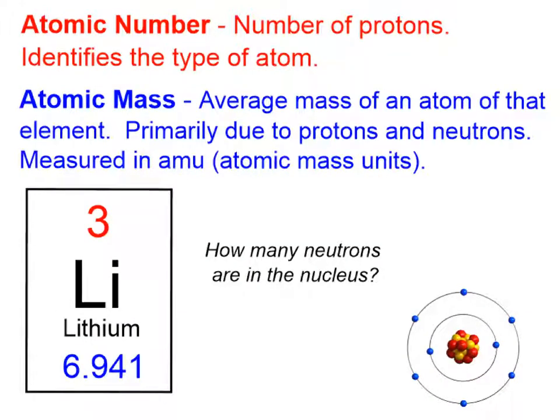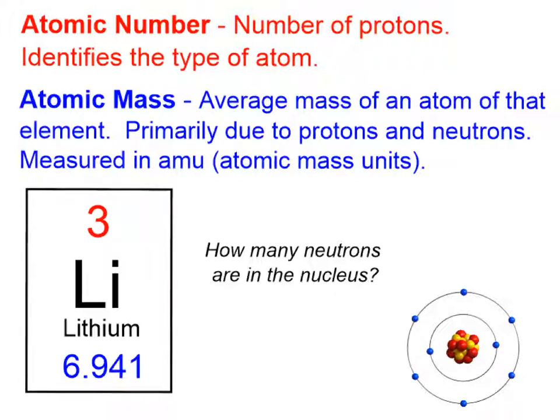So we have talked about the symbol of each element being unique, and each element has a name. Let's look at some of the numbers that are represented on the periodic table. And a really important one is the atomic number. The atomic number right here is this number. For lithium, it's a number 3. What is it? It's the number of protons that lithium has.